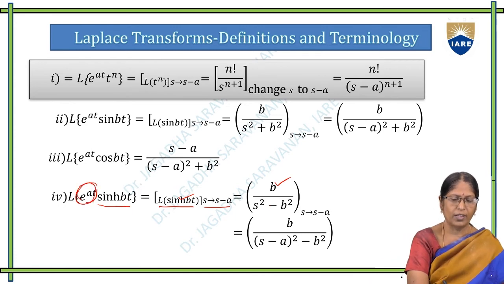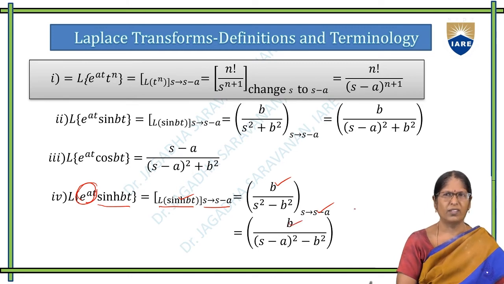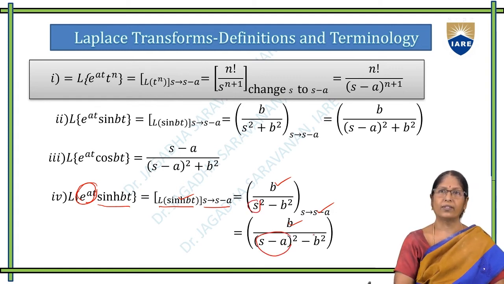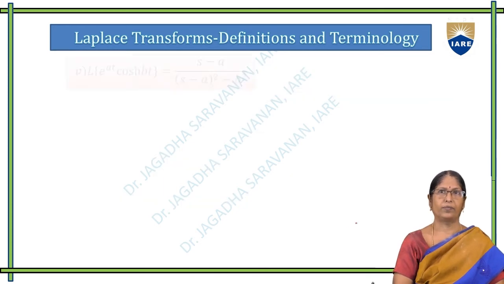For this e power at, first shifting, s is replaced by s minus a. Here the numerator is a constant, only s changes. So what I am circling, that is s is replaced by s minus a, remaining all as it is.